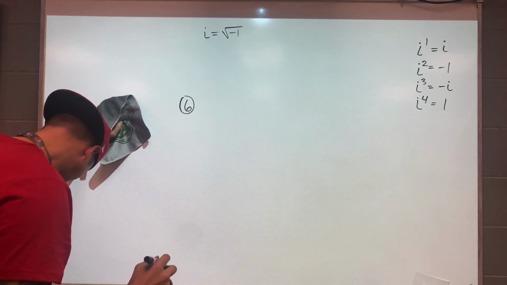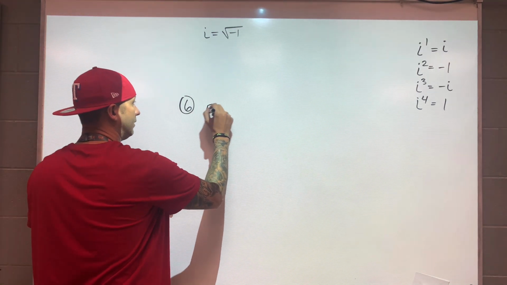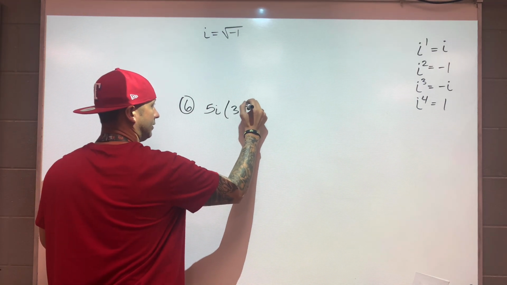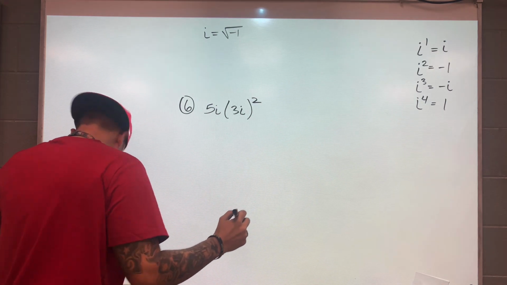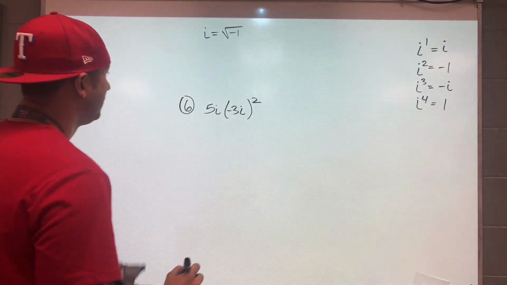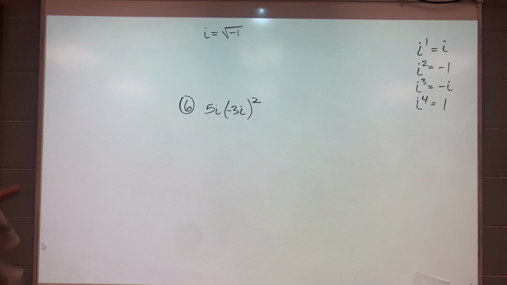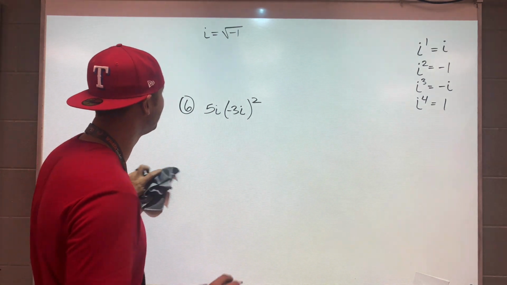Number 6. Okay, order of operations, handle the parentheses first, then exponent. So just like the previous problem, I'm going to square the -3 and square the i.